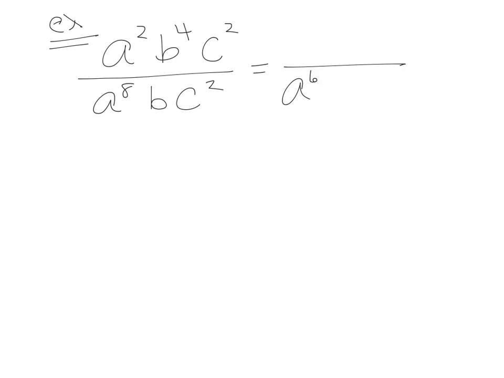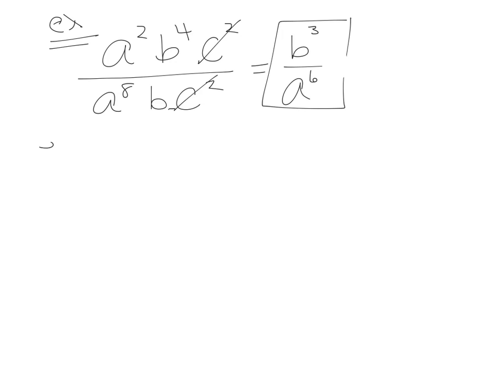Exponent is 6. B, bigger exponent is on the top. Exponent is going to be 3. Notice my c's. What do you notice? They're the same exponent, so what happens? They cancel out and make 1. So I'm done. Technically I don't need this super long fraction bar anymore.